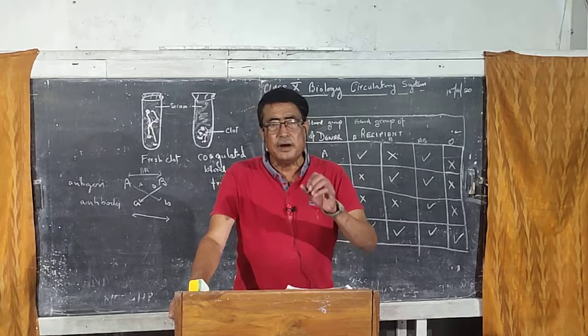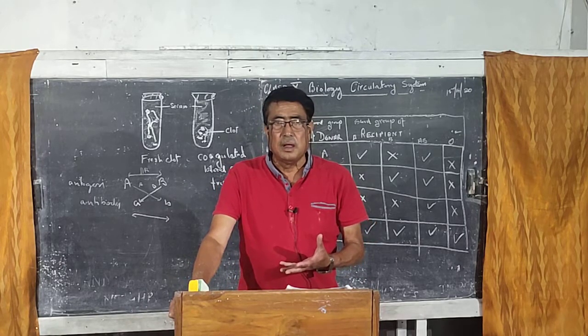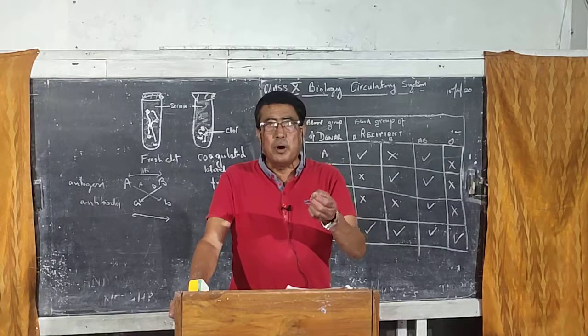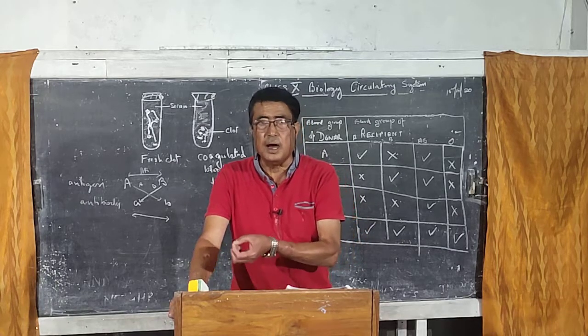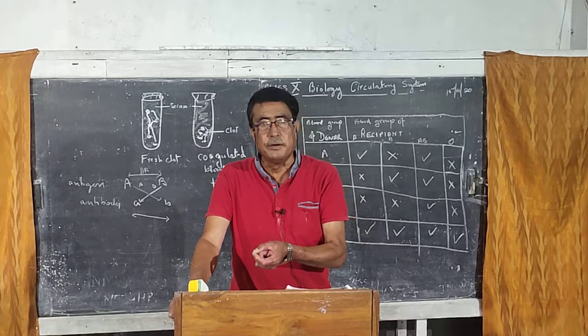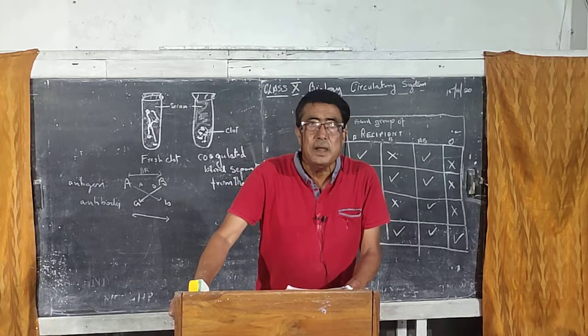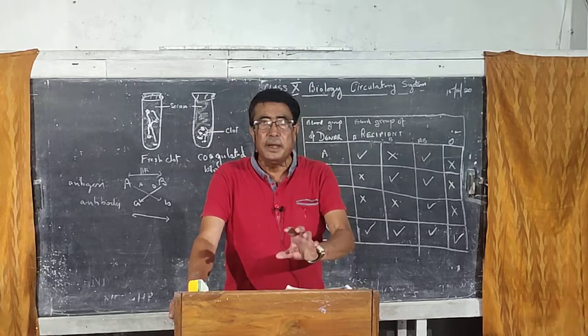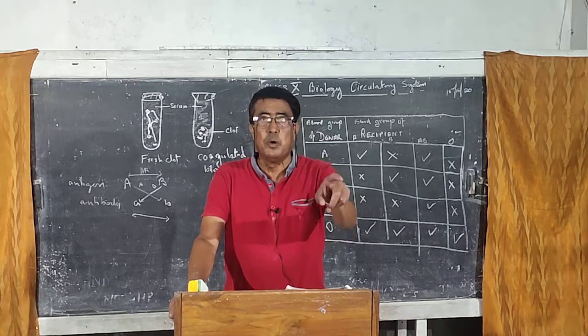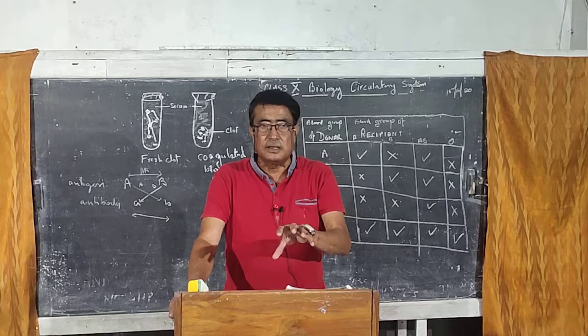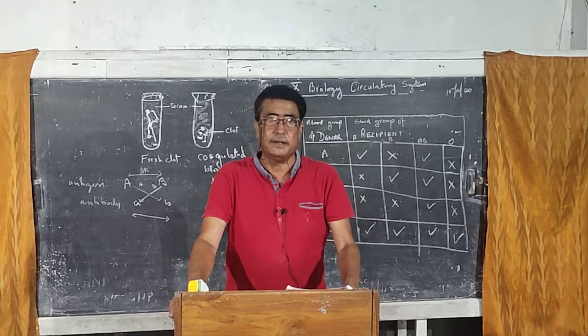And in the second transfusion, again if the RH positive is given to the same RH negative recipient, the clumping of the blood takes place, meaning the blood cells of the donor in the recipient start gathering in one place.